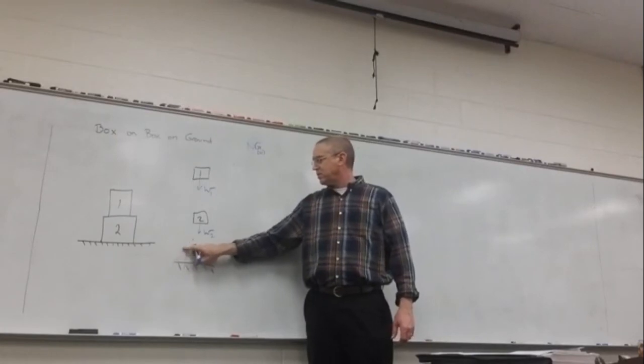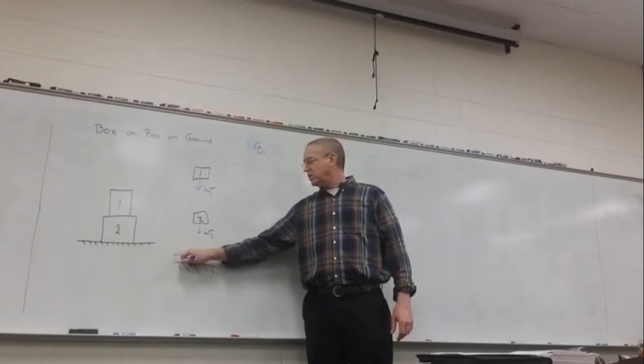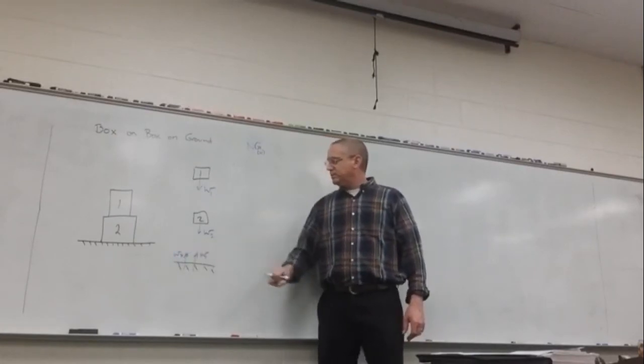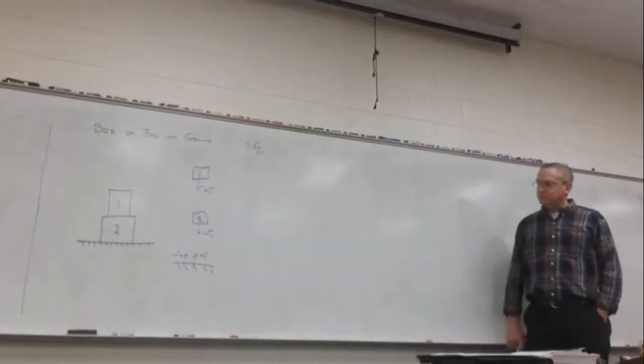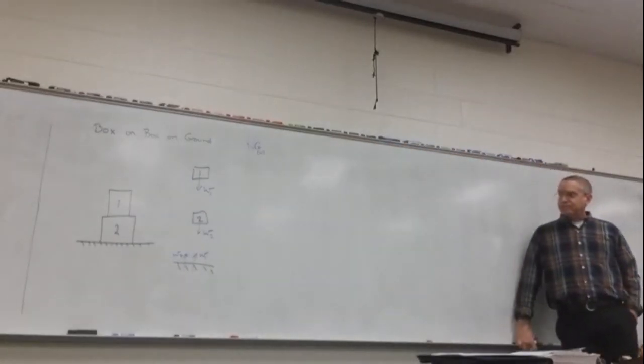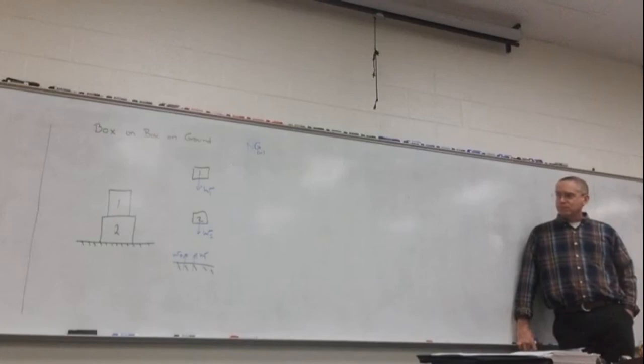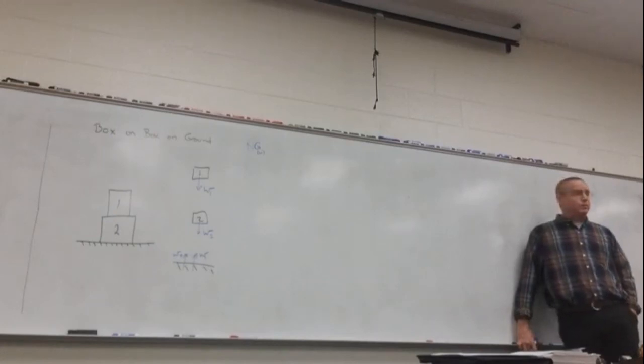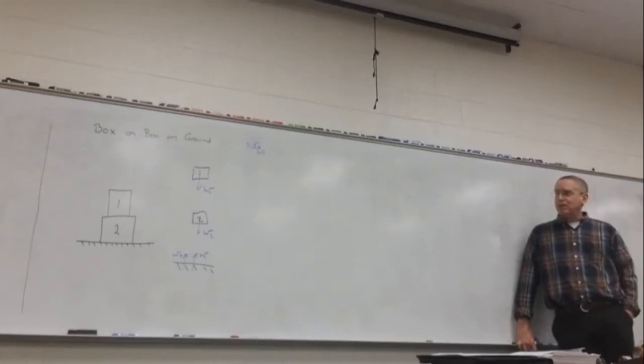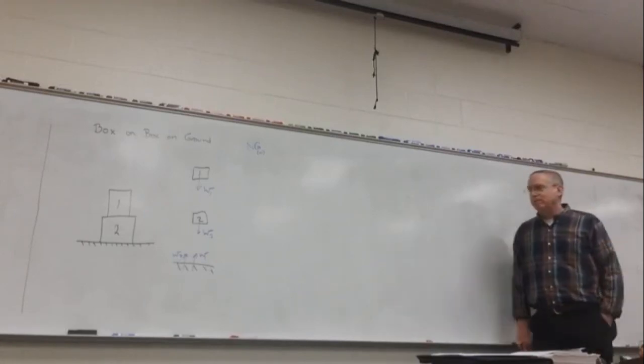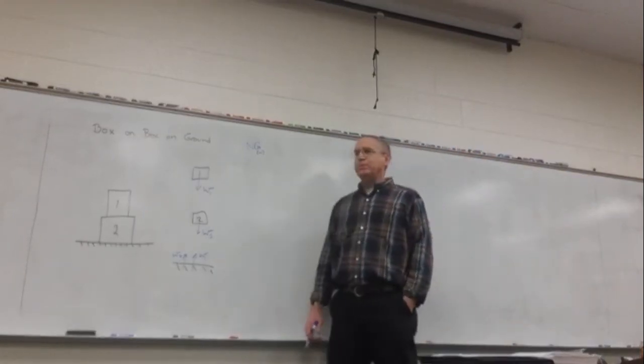Give myself a little bit more space. All right, we know this cannot be complete because if this were complete, box 1 and box 2 would be in free fall, but they are not. So what other forces are involved in the problem? Normal forces. Okay, which way is the normal force acting on what object?